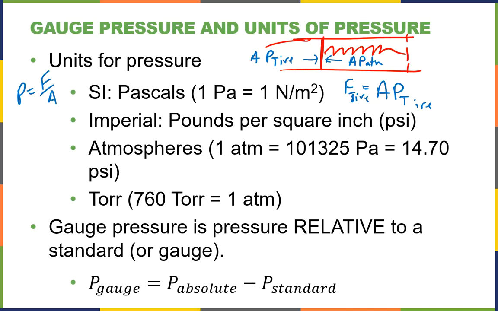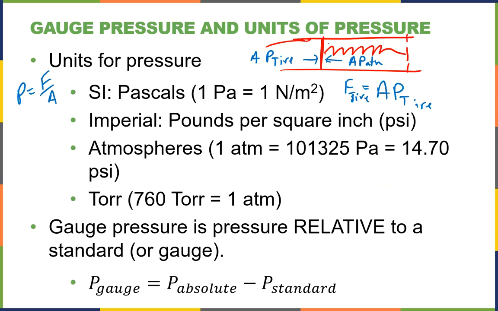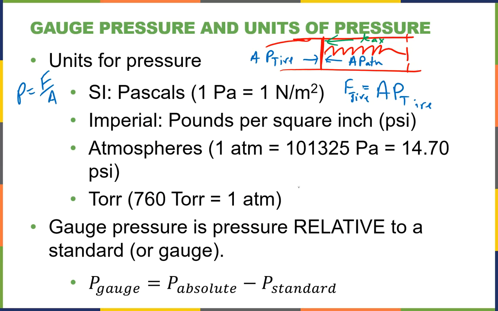And so it pushes to the right and it's going to compress the spring. But what does the spring do when you compress it? It pushes back with a force of K delta X. So I have from the spring an additional force here of K delta X. And so it will reach equilibrium when I have the sum of the forces equal 0.